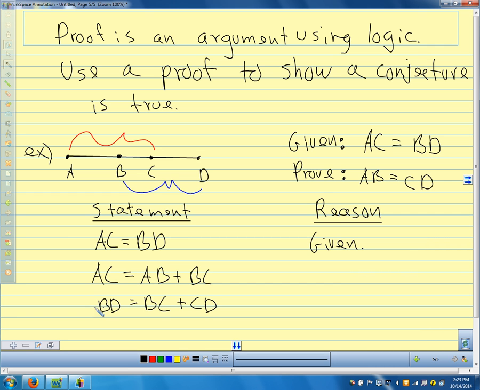One of the first postulates that we talked about. This is the segment addition postulate. The segment addition postulate tells us we can add two smaller segment lengths to get a bigger segment length.